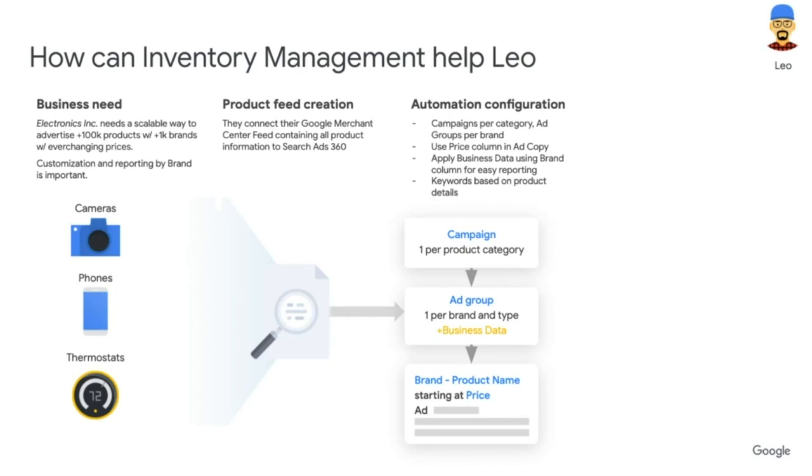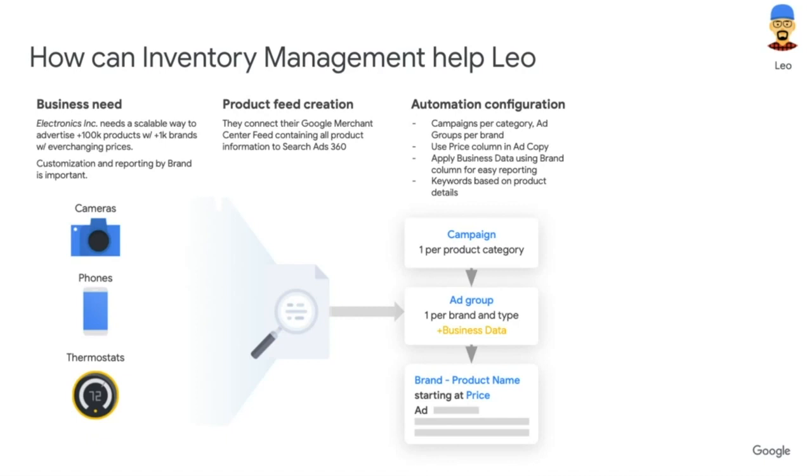Now, something that I didn't mention in the beginning, but Leo also has a need to be able to report across all his products, but also by brand across the different categories.